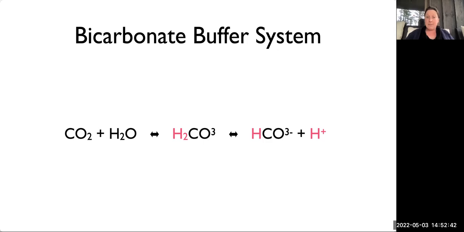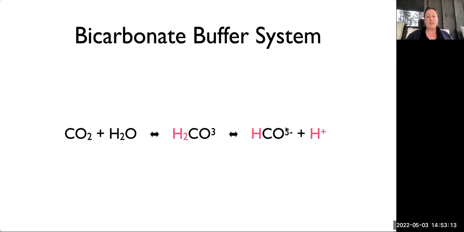The bicarbonate buffer system uses a reversible chemical reaction that you've seen before and that you're probably going to be sick of by the time you reach the end of the course. But this relies on the relationship between carbon dioxide and protons in bicarbonate. So carbon dioxide combines with water to form carbonic acid. Carbonic acid then splits and forms a bicarbonate and a proton.